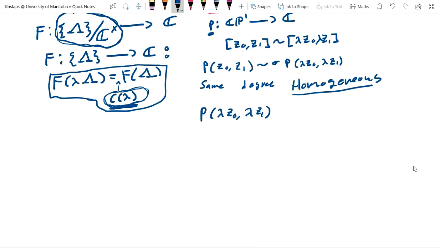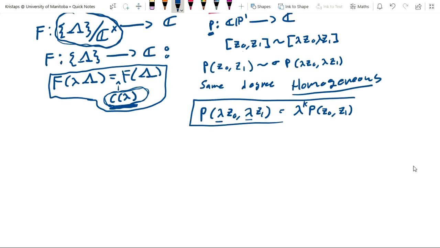Since every term is the same degree, we can factor out lambda to the power of whatever that degree is. Call it k. So lambda to the k will come out in front, and that will be equal to lambda to the k times p evaluated at z0, z1. And so we find that this does obey the relation, and this will give us a well-defined function on the Riemann sphere.